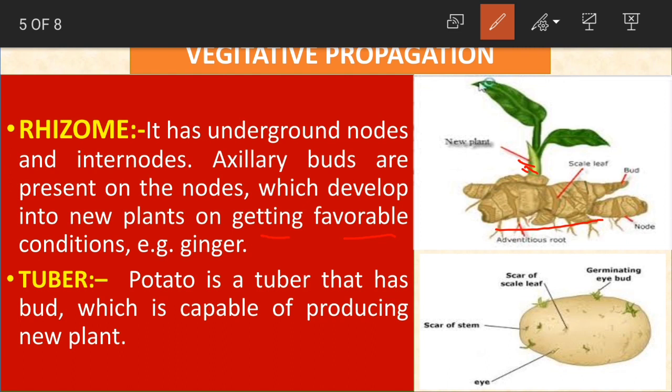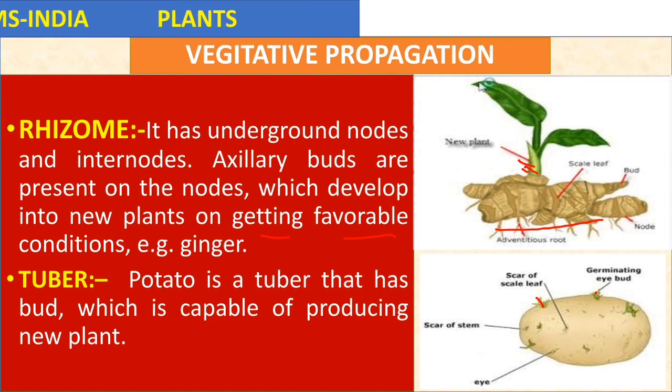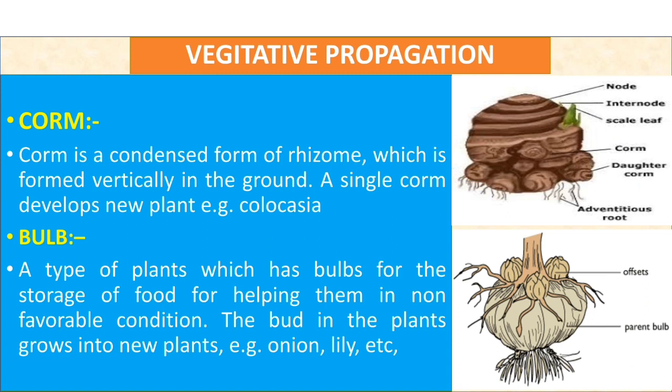And tuber. For example, our potato. The potato is a tuber, and it has got buds, the green color here in the picture if you can observe. These are buds, and these are capable of producing a new plant. Clear, children? Now, about corm.